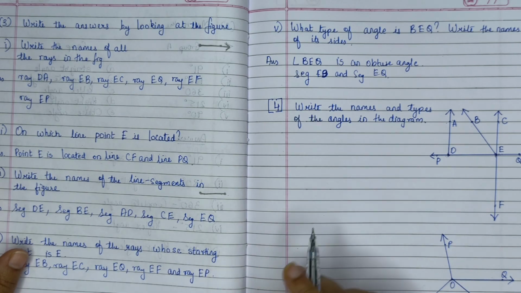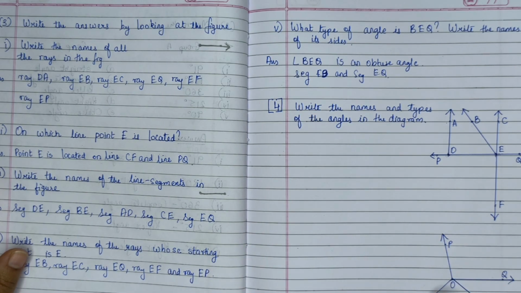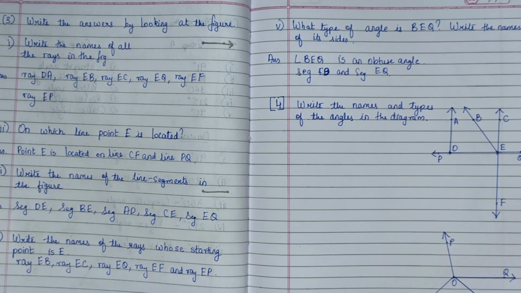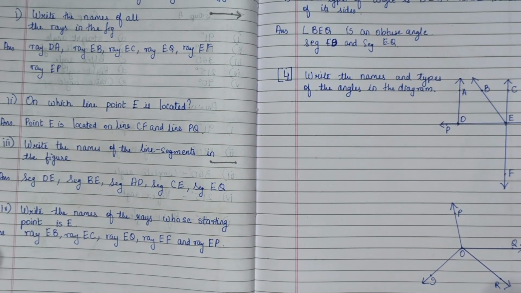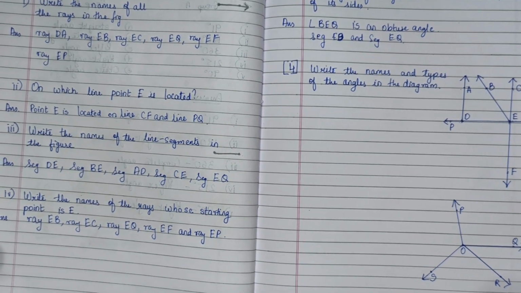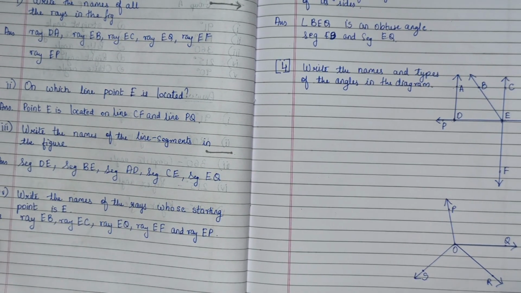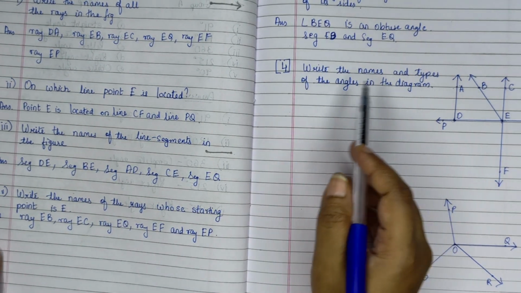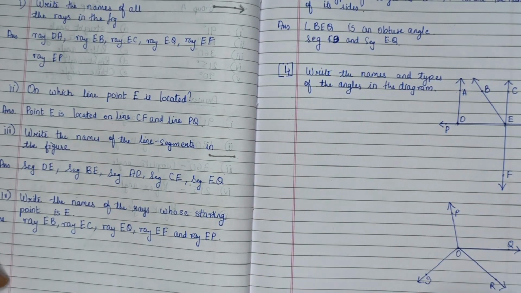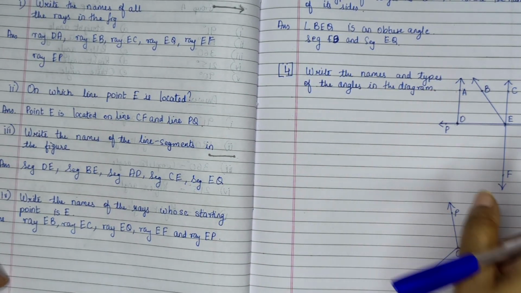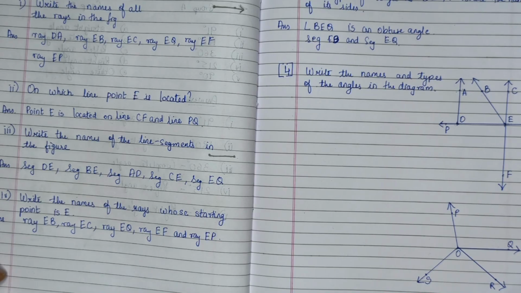Understood? Now see the fourth question, the figure I have drawn below. Write the names and types of the angles in the diagram. We have to write the names of the angles and also the type. If you observe the figure, POQ looks more than 90 degrees.